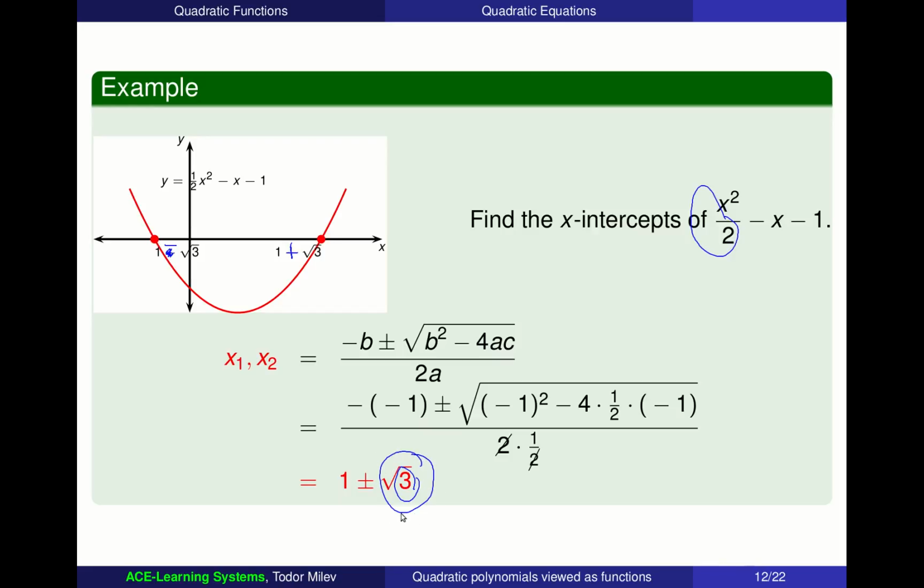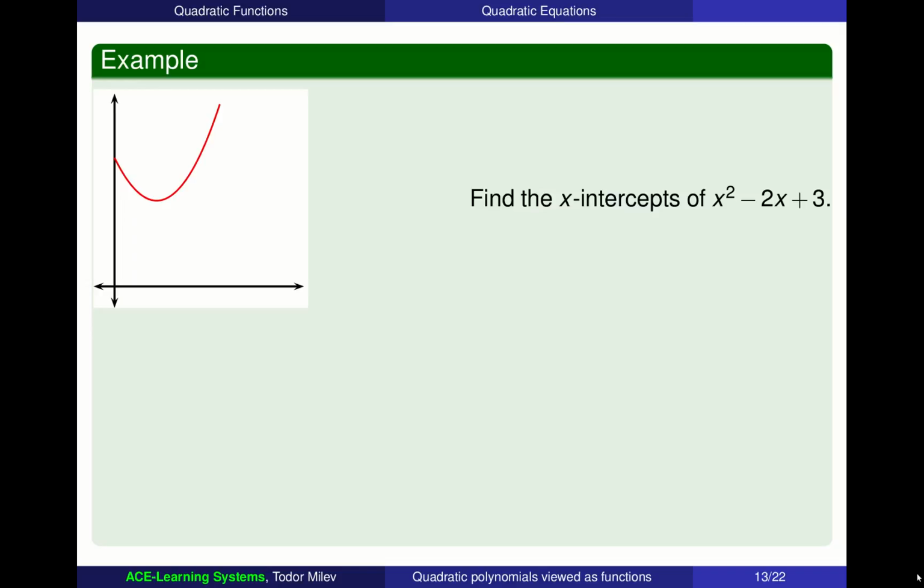In the preceding example we had radical of 4. In this example we have radical of 3, that we cannot easily simplify. So that's the major difference. And here's our final solution.